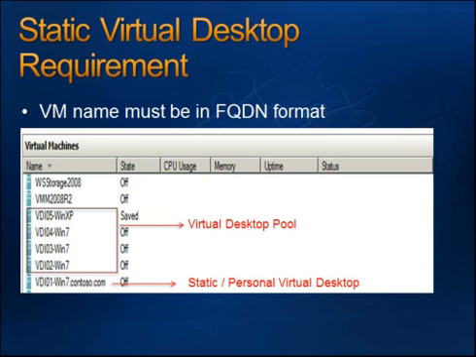For those of you who want to deploy dynamic virtual desktops, it is not necessary to use fully qualified domain names. So this is how you differentiate between static virtual desktops and dynamic virtual desktops.